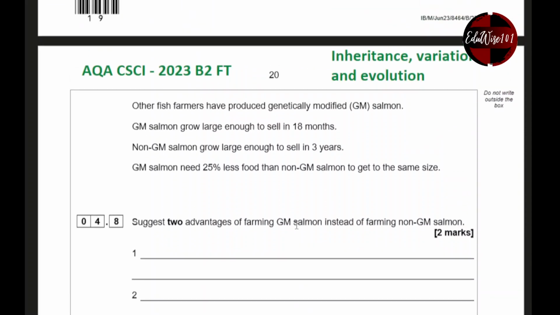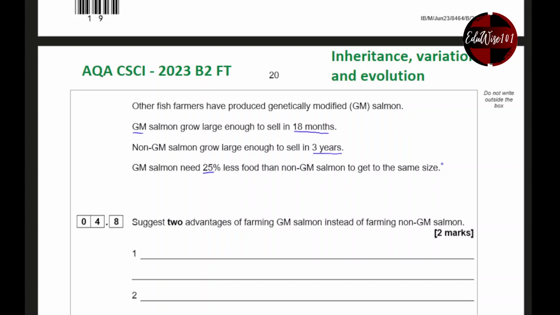So, as you can see, genetically modified salmon take only 18 months, whereas the normal salmon takes 3 years to grow. And the genetically modified salmon only needs 25% less food.